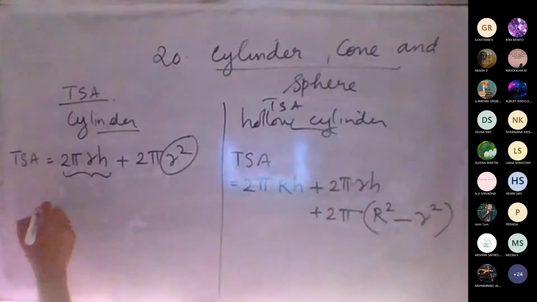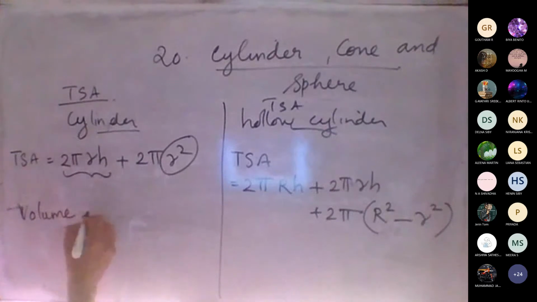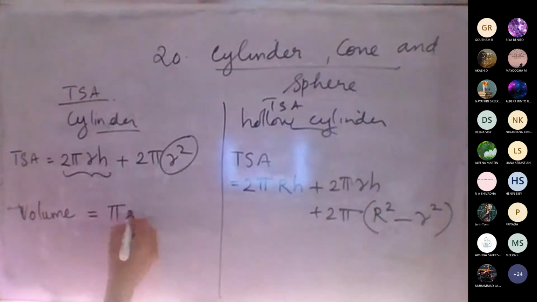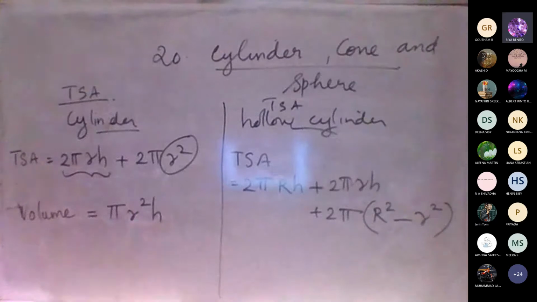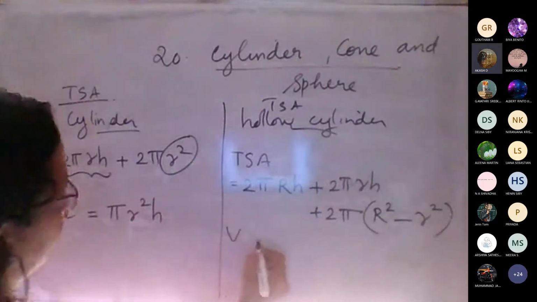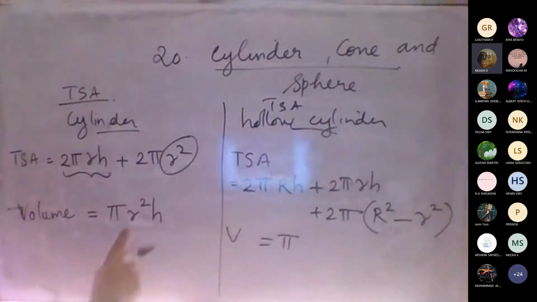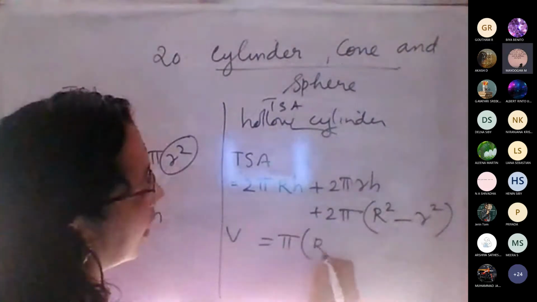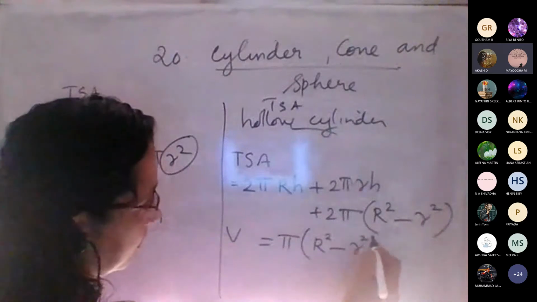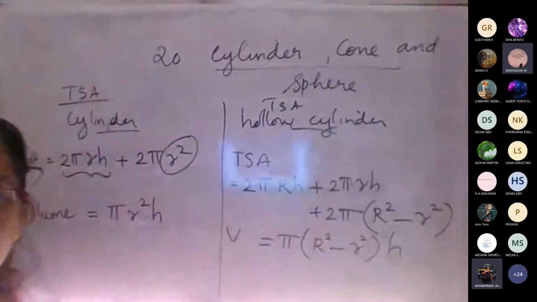Same way, what about the volume of cylinder? Volume of cylinder is equal to pi r square h. So what? Pi into capital R square minus small r square into h.